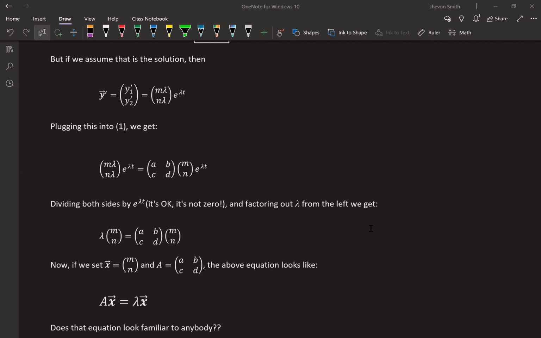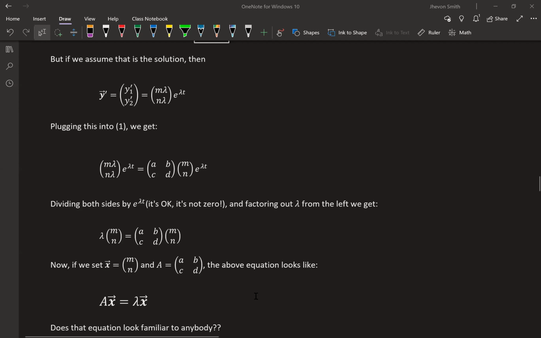Even when I taught 392, I didn't tell my class why. But here you're seeing why. It's because we pretended a solution looks like an exponential, and then when we plug in the matrix answer, it simplifies into a situation where solving it is equivalent to finding the eigenvalues and eigenvectors of a matrix.